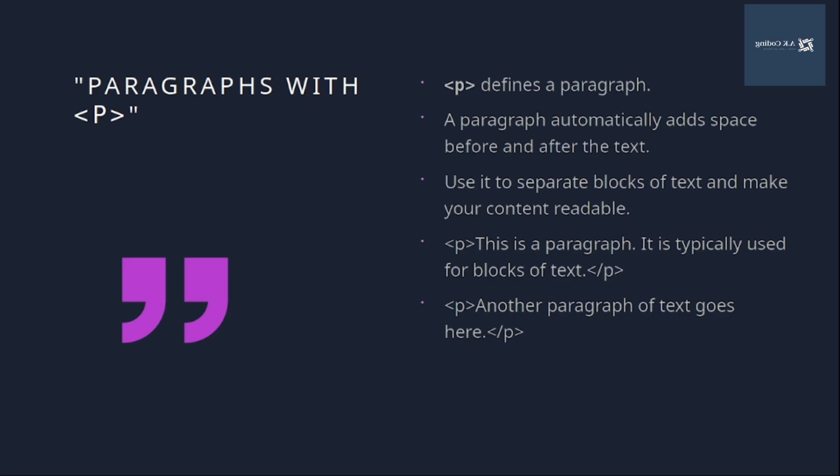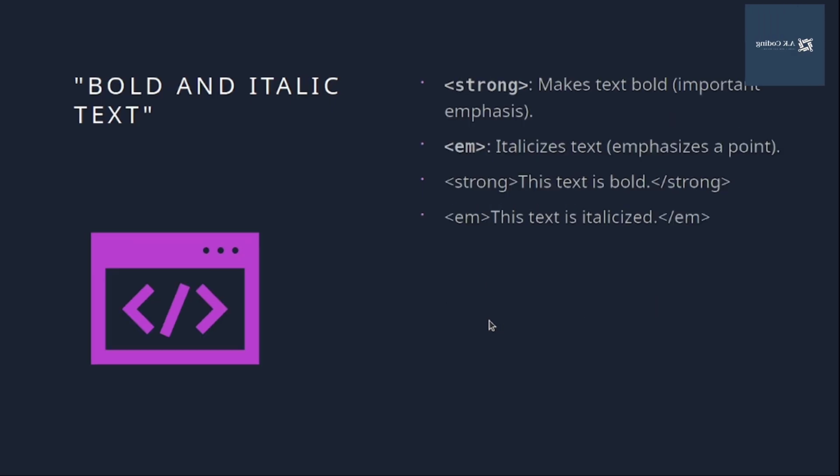As you can see here, this is the opening tag and this is the closing tag. The difference between them is that we have a slash before the letter P. And P mostly goes for paragraphs only, as mentioned. And we have bold and italic text for formatting the texts, which are strong and EM.